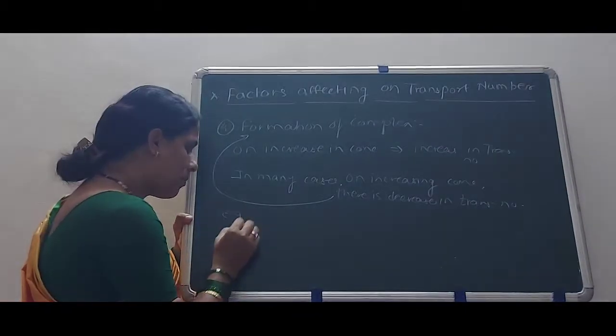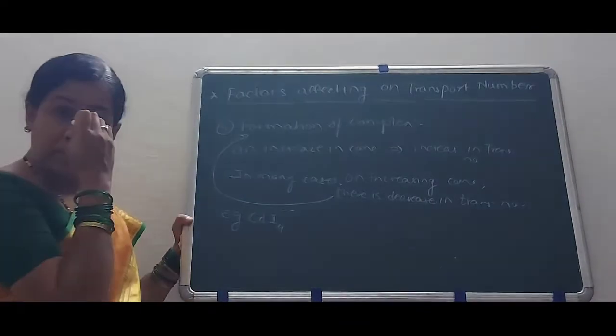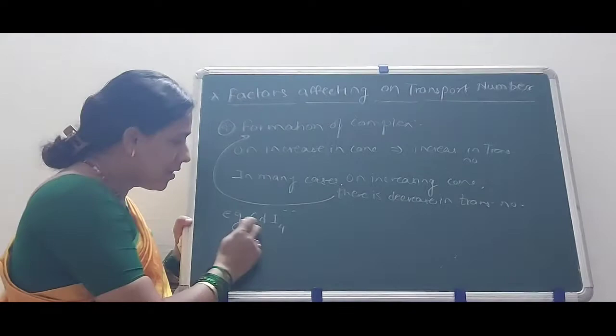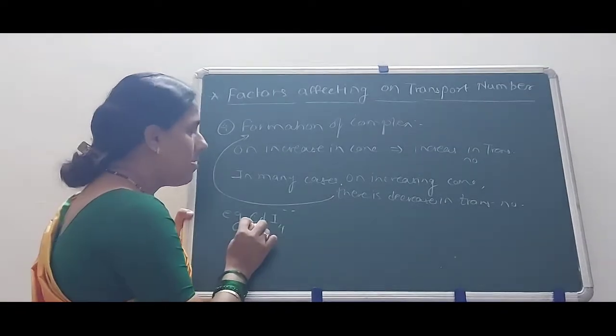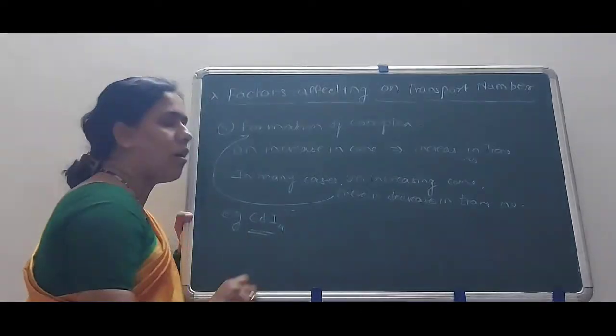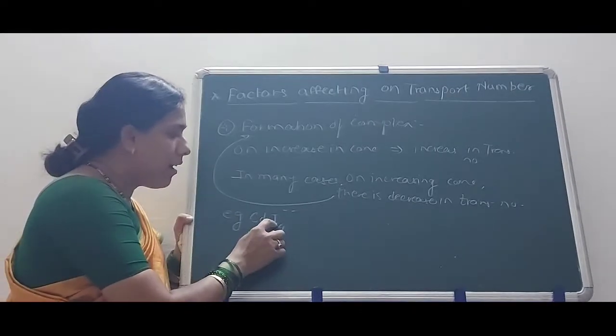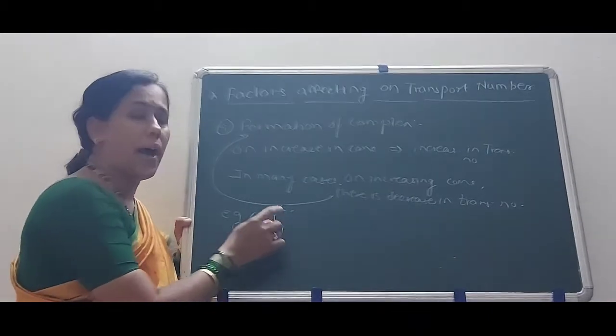For example, CdI4 minus minus is a complex. On increasing the concentration, there is formation of the complex CdI4 minus minus. Here the ions are Cd plus plus and 2I minus.